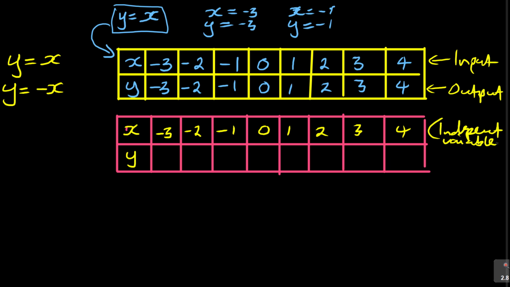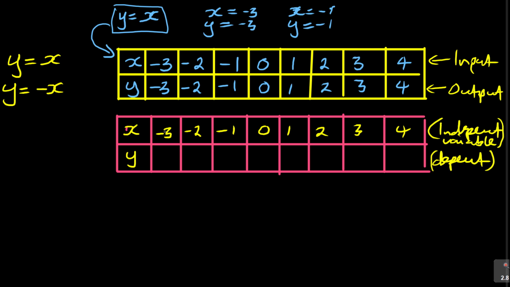Why? Because it's the one that you are changing. It's the one that does not depend. And y becomes the dependent variable, meaning y depends on whatever value of x you choose. You see, when x changes, y follows suit. That's why y is called the dependent variable.